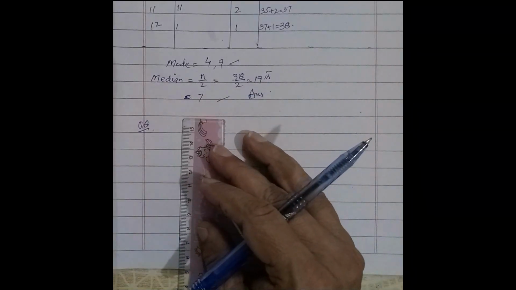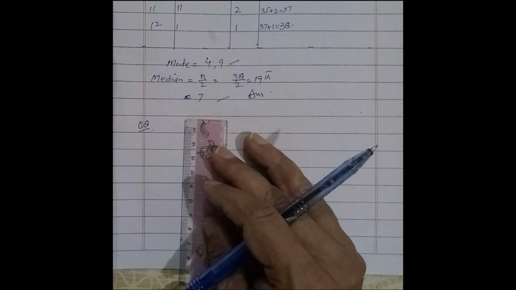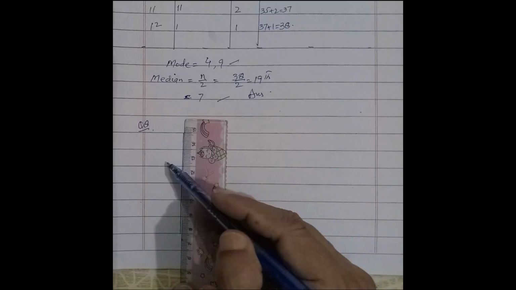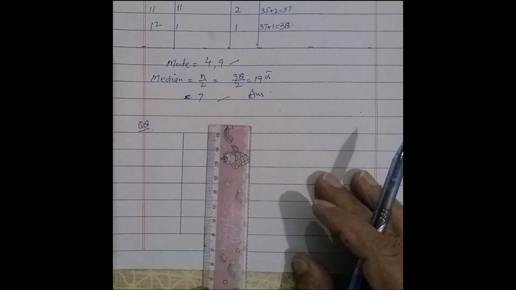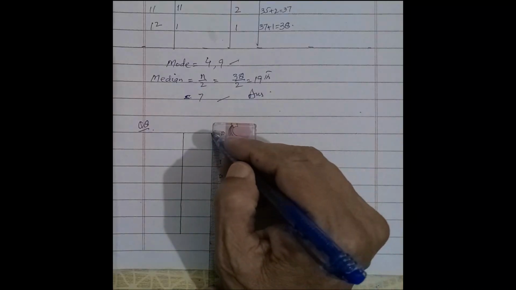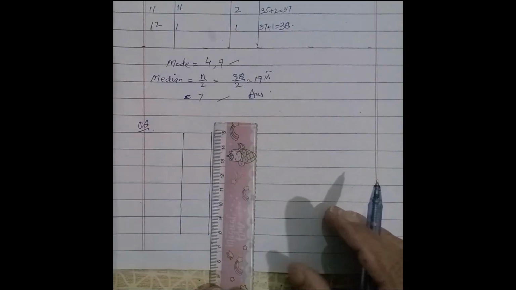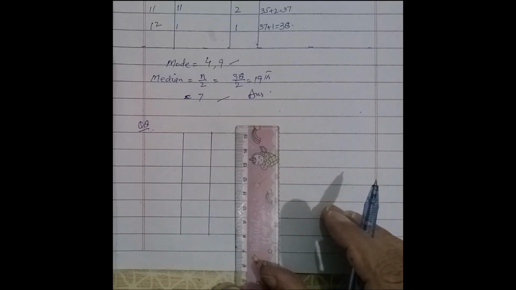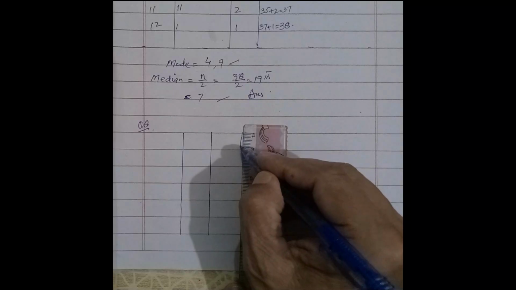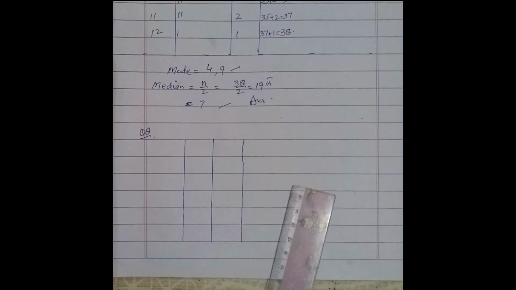The x is, and next is the frequency, and then the cumulative frequency, and then we find the mode and median.